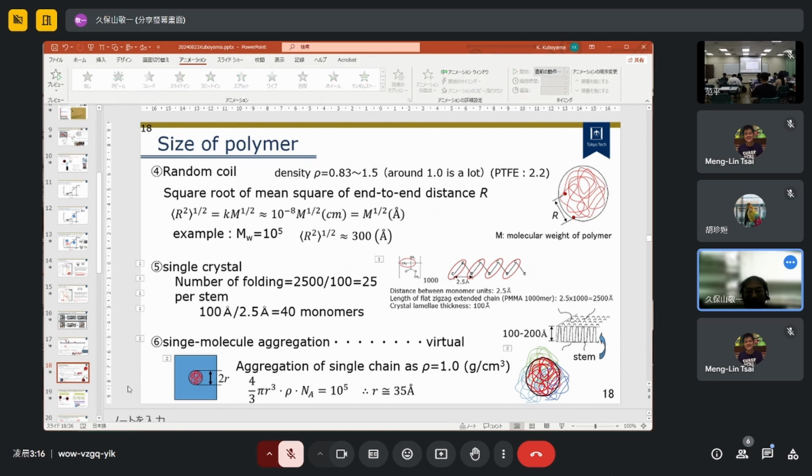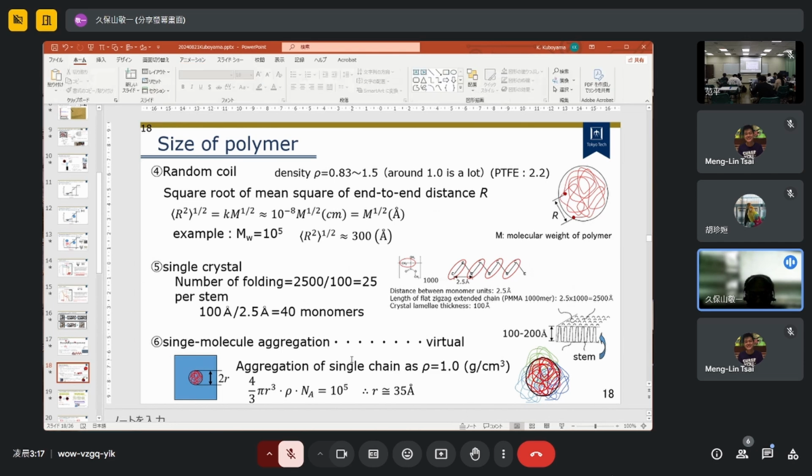Okay, and finally, let's think about the size of the single molecule aggregation. That means now let's think about one molecule aggregating and forming a density of 1.0.